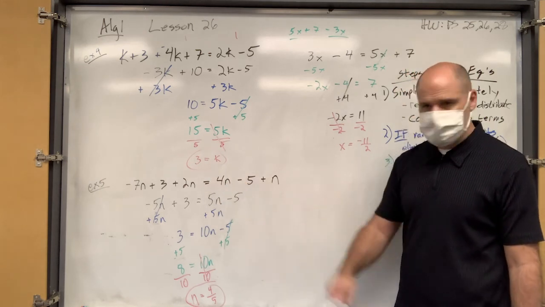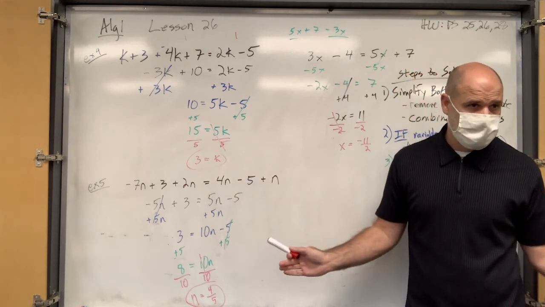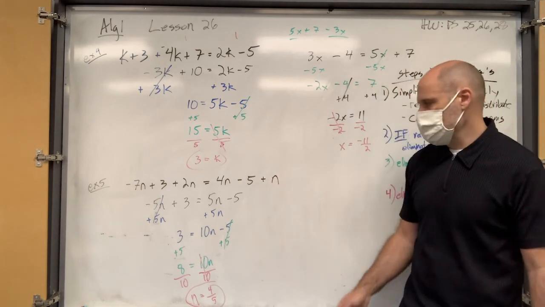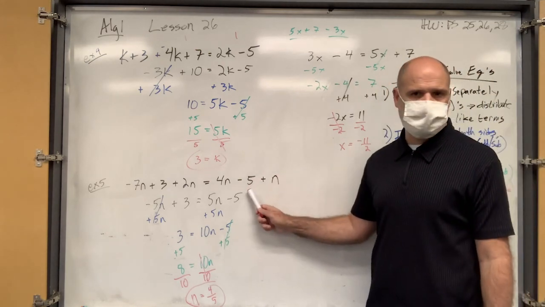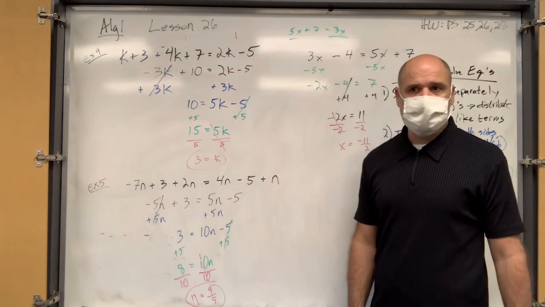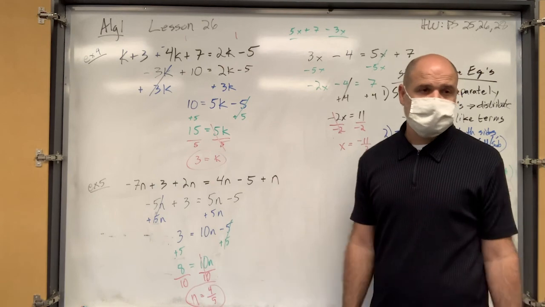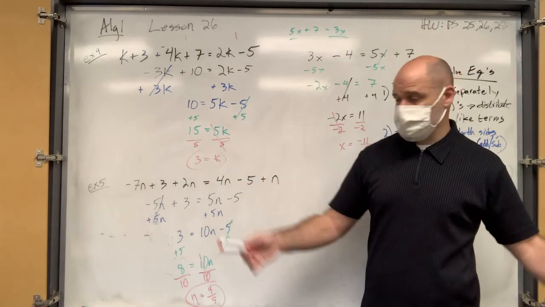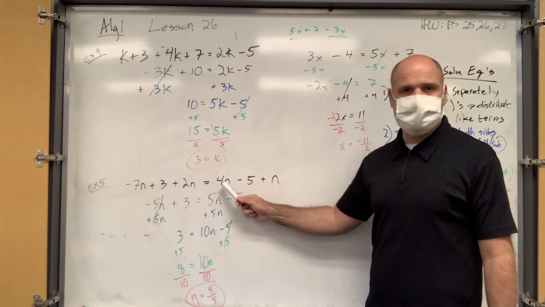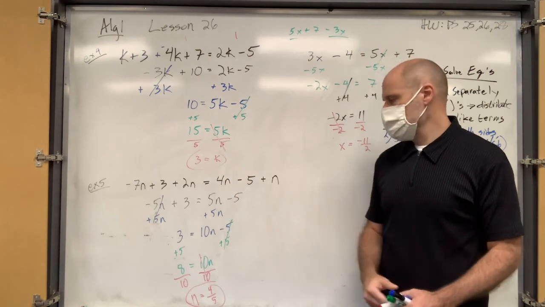So 4n is not subtracting anything. 4n is actually being added to the whole right side. Okay? 5 is the only thing being subtracted. It's not being subtracted from 4n. Well, it's being subtracted from the whole side. So you kind of have to ignore whatever's to the right of terms, because that'll confuse you.